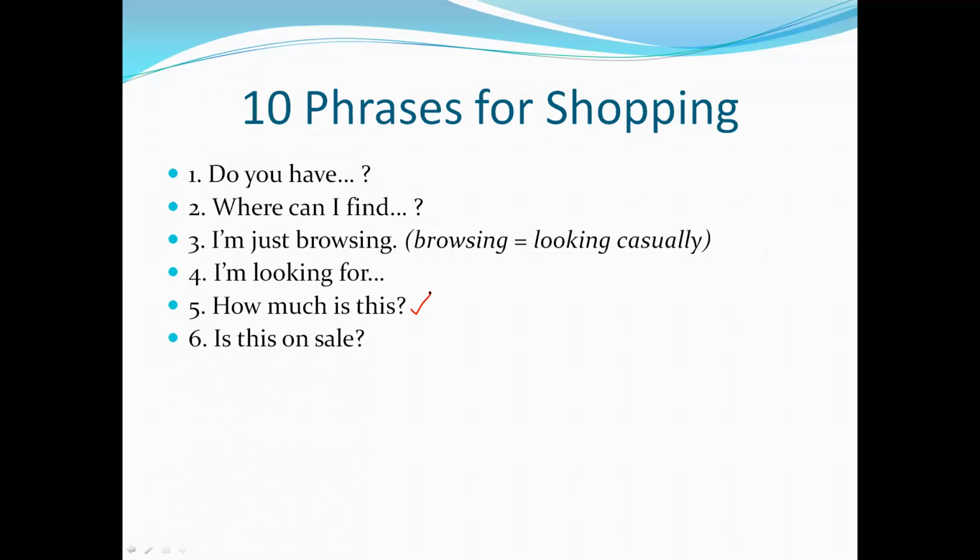Then you may ask, is this on sale? The meaning of this is that if it is on sale, you may get some discount on it, maybe 20% off, 30% off, or some kind of concession.